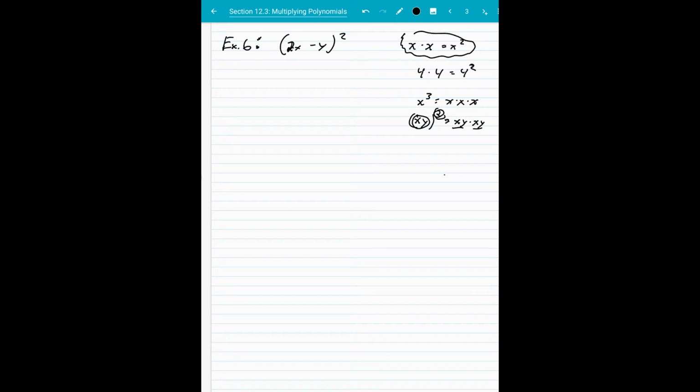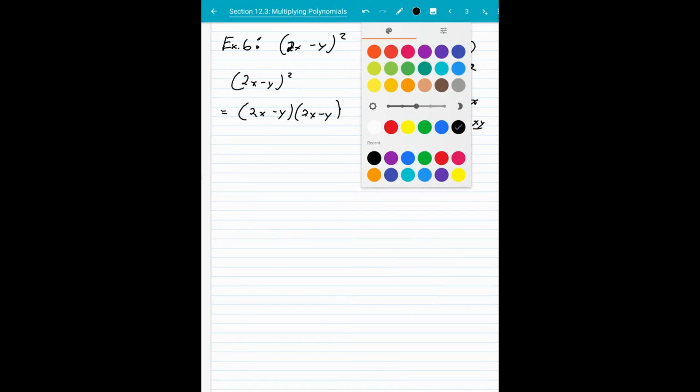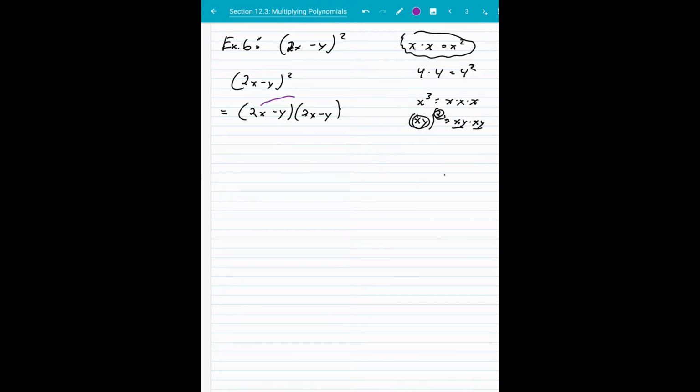So for 2x minus y squared, we have to expand it to 2x minus y times 2x minus y. Then we can go ahead and do that distributing process. We take this, distribute it there, and then take the next one, distribute it here and here.